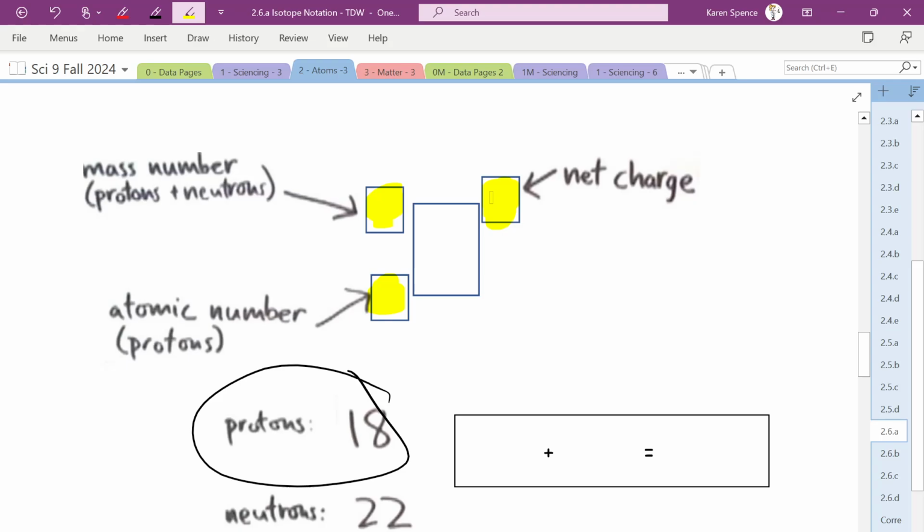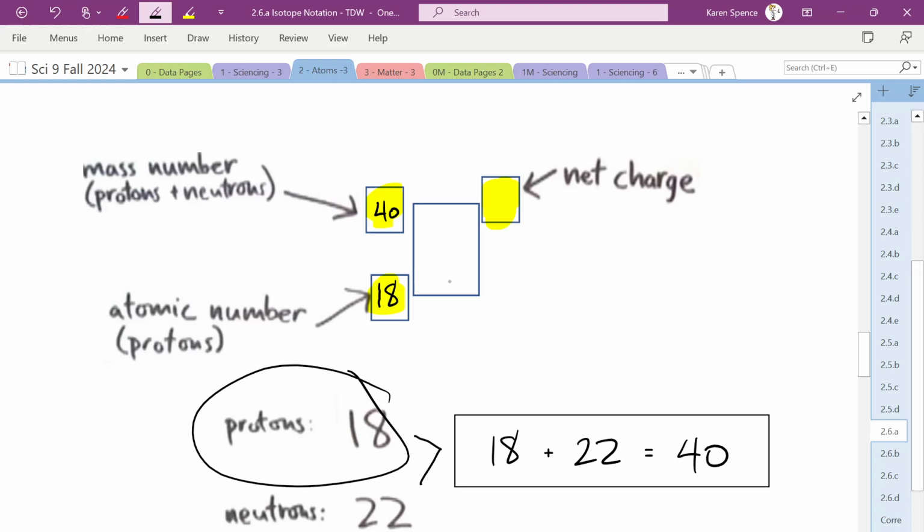Probably the place where it says proton. Yeah. Where do we put the neutrons? Nowhere, right? We take our protons plus our neutrons, and we get 18 plus 22 is 40. Where do we put the 40? Mass number.